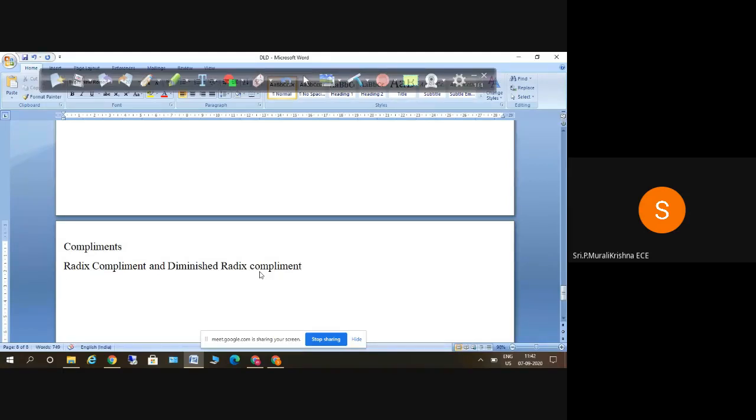Radix means, if I say this is R, then it is R's complement. Diminished radix stands for R minus 1's complement.